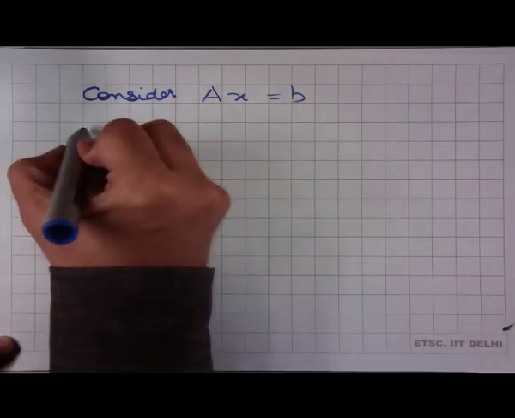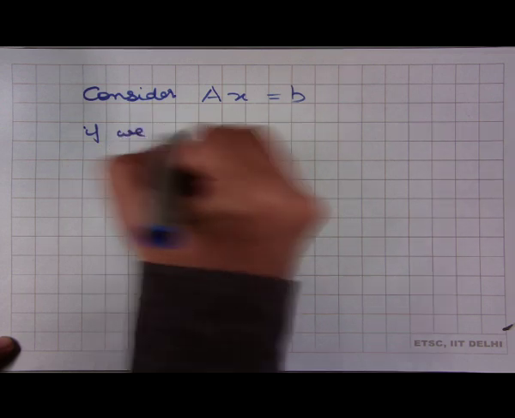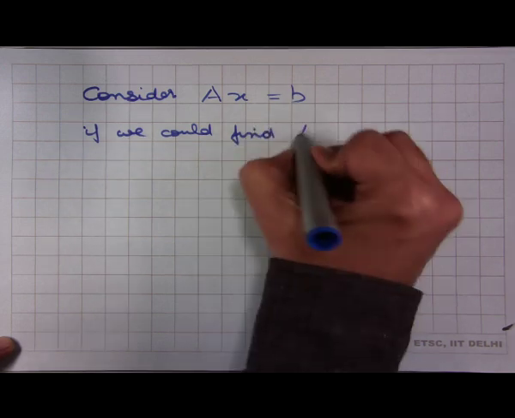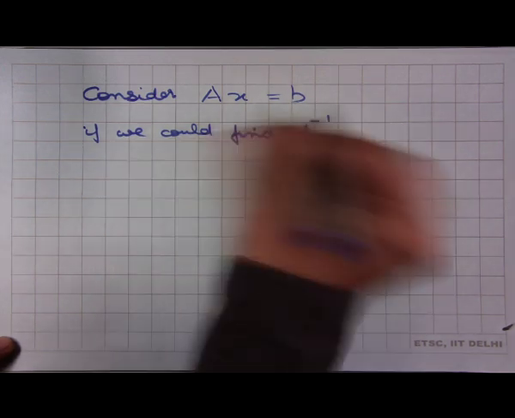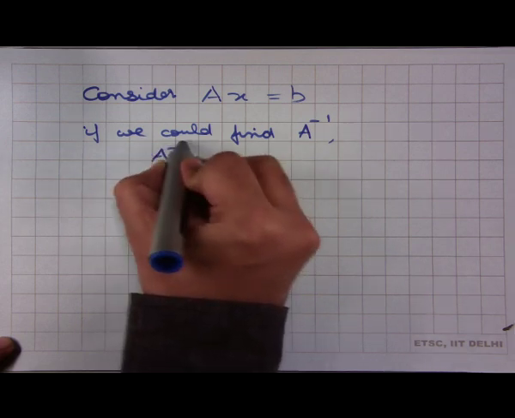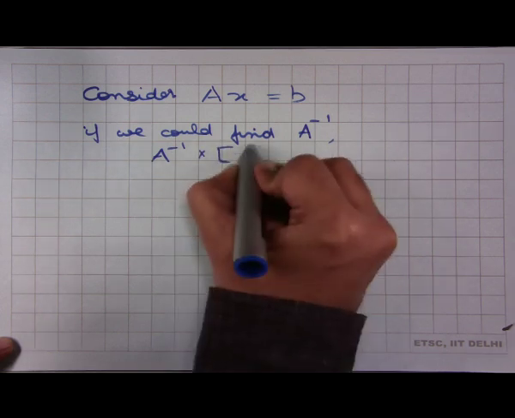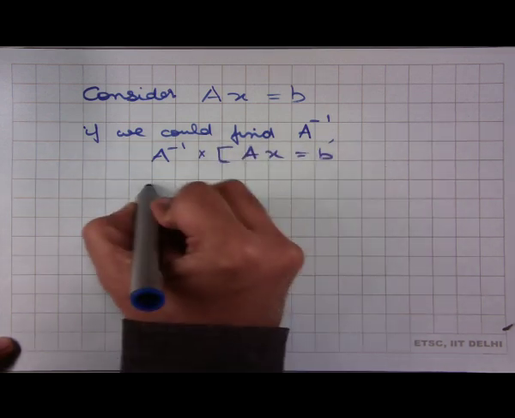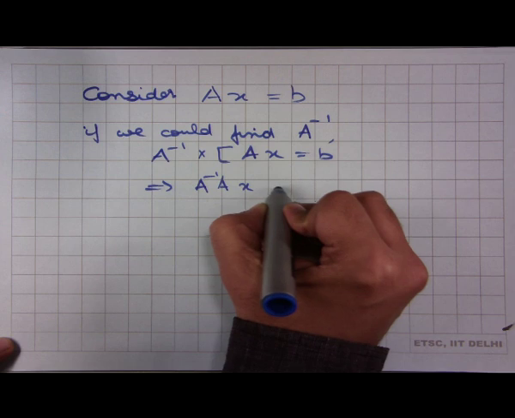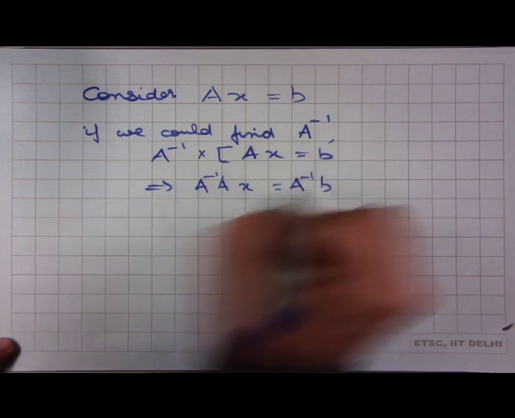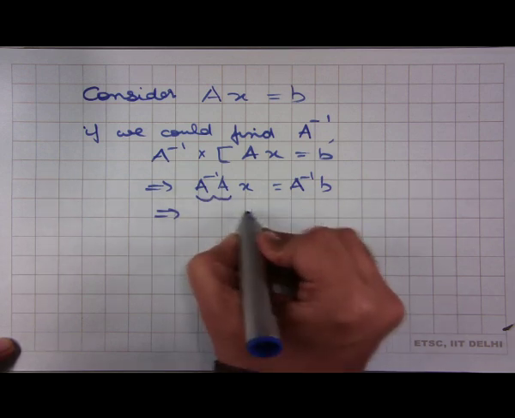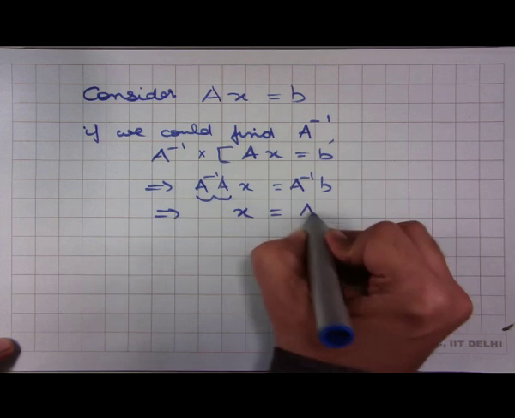So, if we could find A inverse, then we would multiply through on the left. So, we would say A inverse times Ax equal to A inverse times B, and then A inverse A is nothing but the identity, and identity times a vector x is just x itself. So, x is A inverse B.